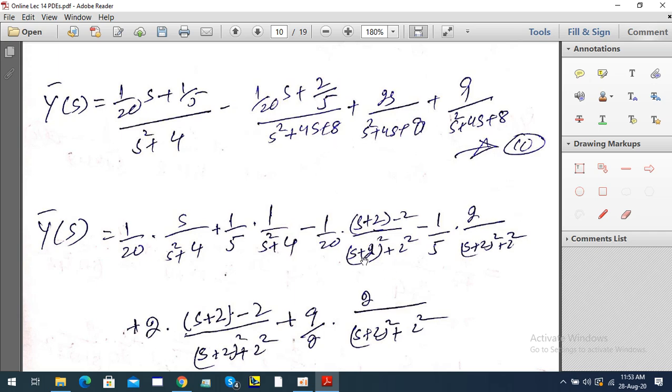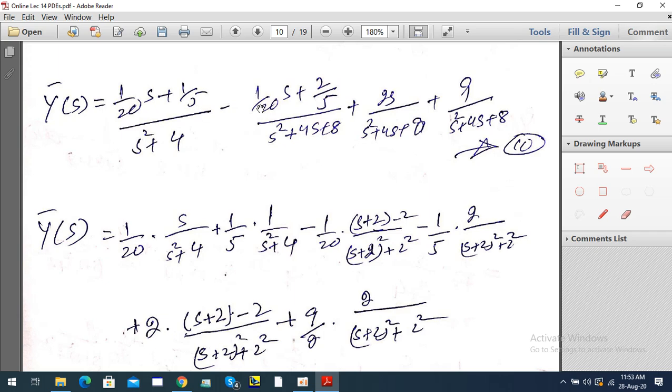You can see here in the denominator we have s plus 2, and in the numerator we have s. So that's why s has to be replaced by s plus 2, and this s will also be replaced by s plus 2. That's why I have added and subtracted 2.